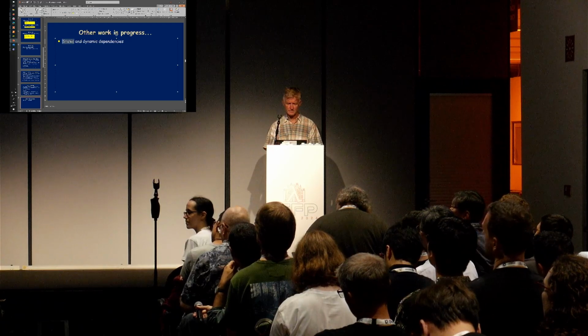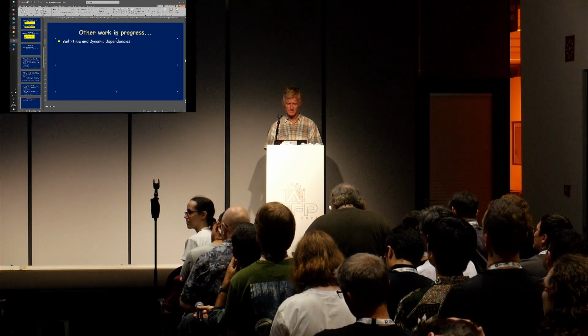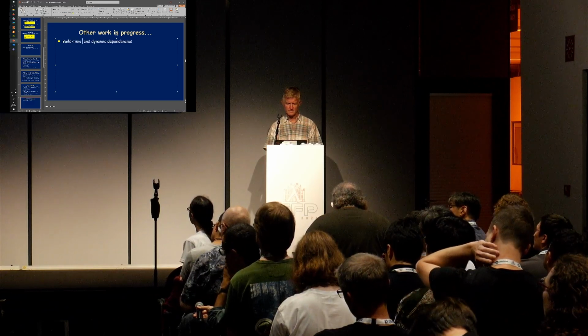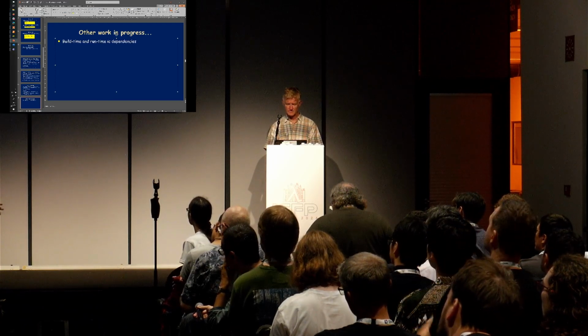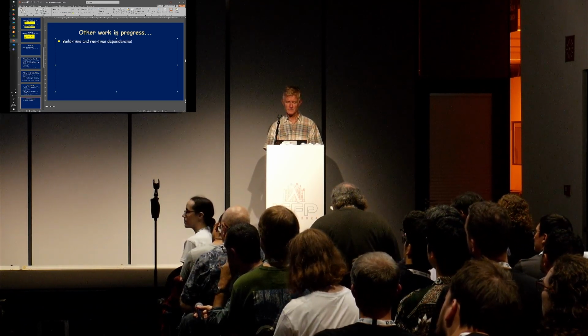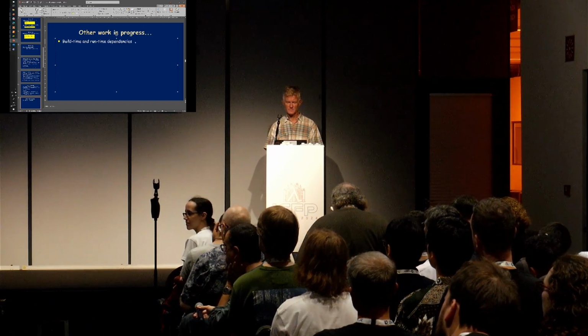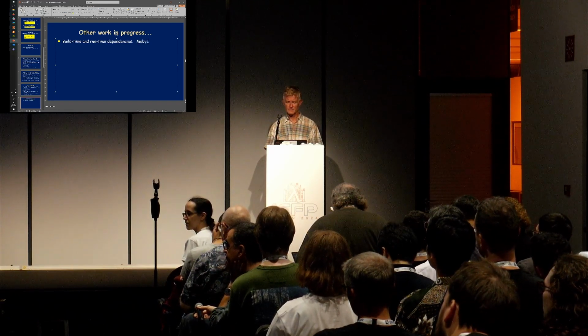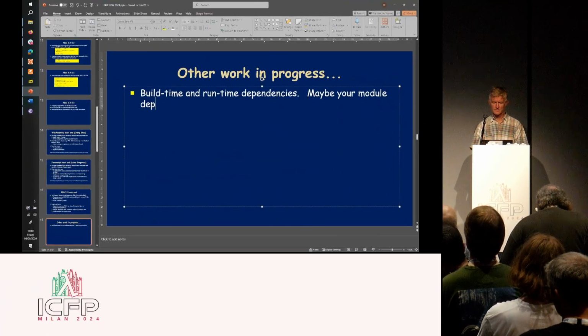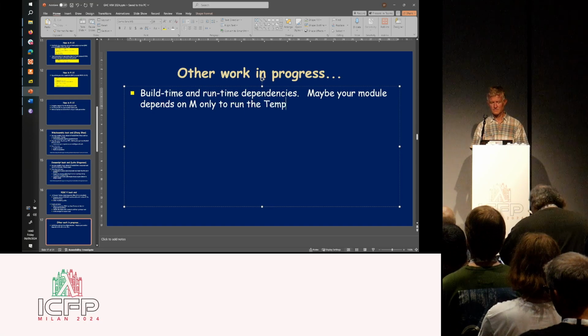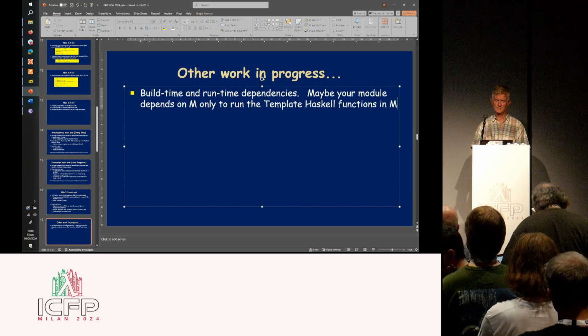So there's work that needs to go into designing annotations on imports to suggest in what scope particular imports make their values visible. There's work that needs to go into Cabal to differentiate between runtime and build-time dependencies, and there's obviously work that needs to go into GHC to make it understand all of that, but that's something we hope to do in the very near future. So that's one thing in progress.